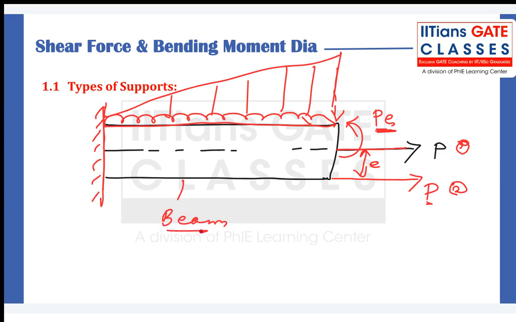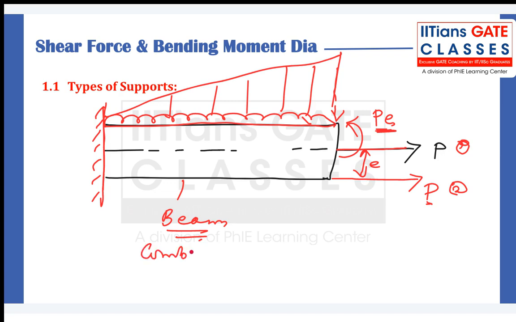Now guys, tell me, in a practical problem, in a real structure, will a slender structure be subjected to only axial load? Is it necessary that a slender structure will only be subjected to axial load? No. It will usually undergo combined load, yes or no?